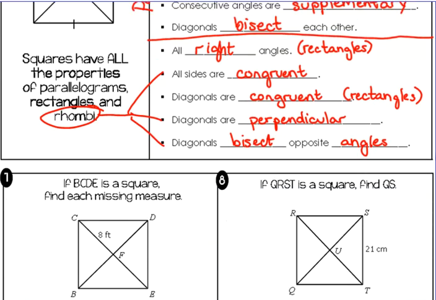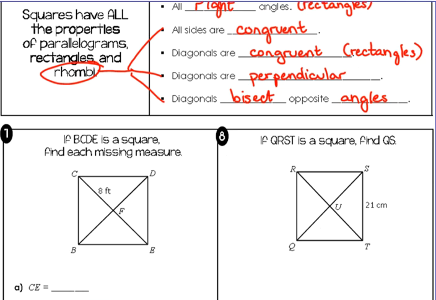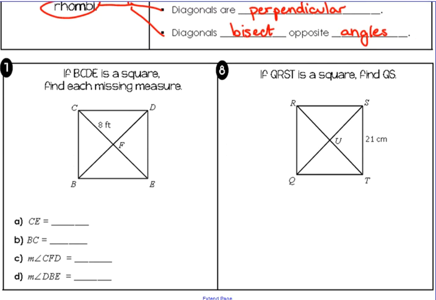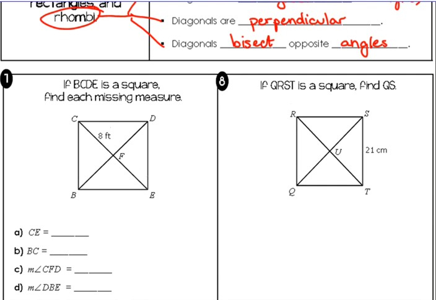All right, so let's use it. If BCDE is a square, find the missing measures. So CE, let's see here. What's labeled on our picture? C to E is this whole diagonal, but a square is a parallelogram, so our diagonals are cut in half.